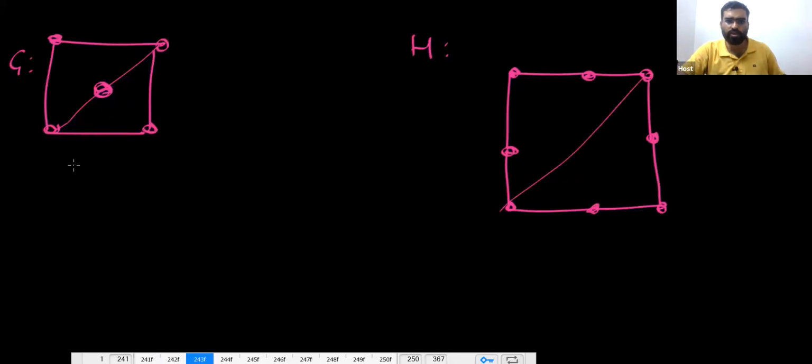Can you give me subdivisions which are isomorphic?